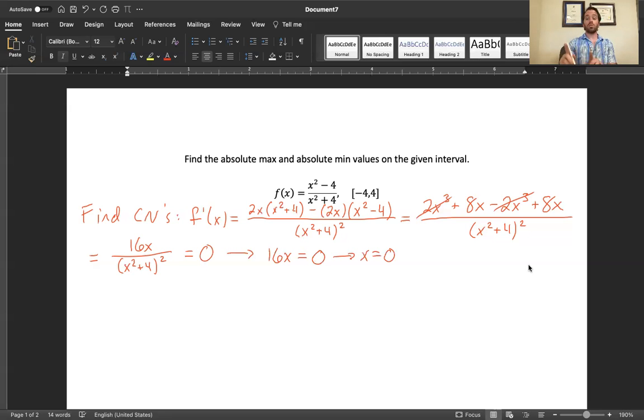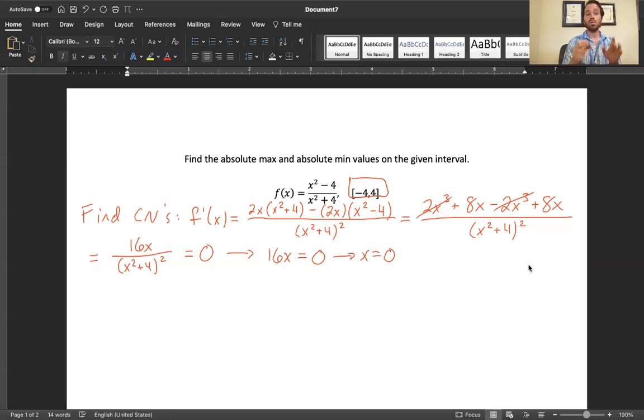Now stop and ask yourself, does this occur in the interval that we're talking about? The interval we're talking about is right here, from -4 to +4. The answer is yes, it does. Now, if I were asking you to classify this critical number as a local minimum or local maximum, you would be putting it into a number line, getting those values out, and then saying, oh, it went from increasing to decreasing, and that's fine.